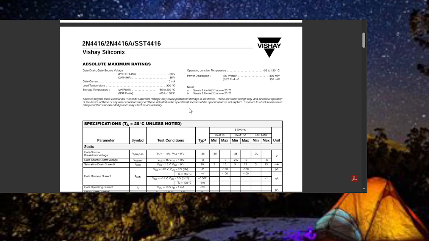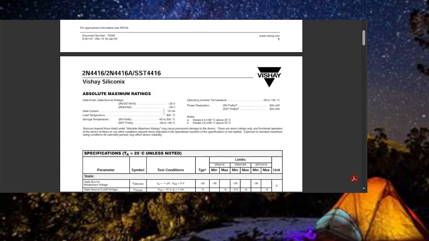Oh, here's what I'm looking for right here. So they've got minus 30 volts, minus 35 volts, gate current 10 milliamps. These are like max ratings. So you don't want more than 10 milliamps of current flowing through there. And we're in a range of microamps, so we don't have to worry about that.